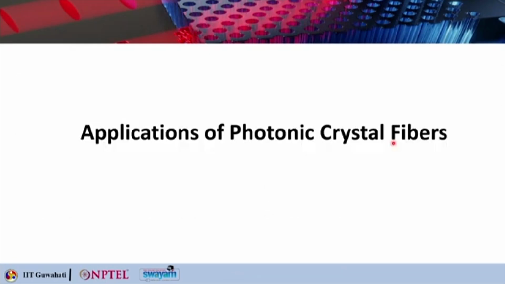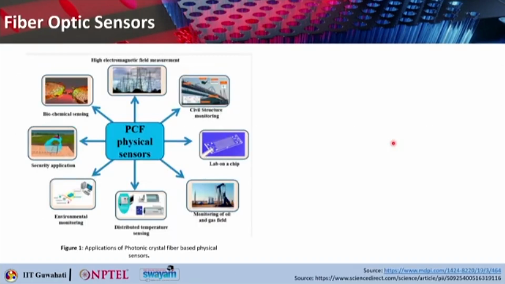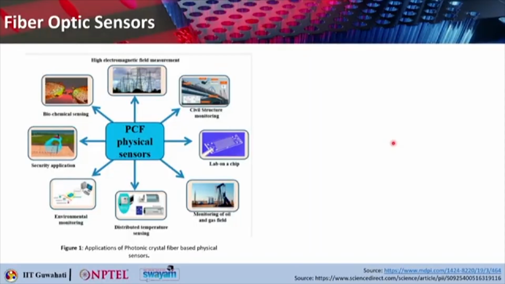Now, what are the applications of photonic crystal fibers? Photonic crystal fiber based sensors are very advantageous over standard optical fiber sensors in many aspects. They not only have great design flexibility, but because of the holey internal structure that can be filled with analyte, a controlled interaction can take place between the propagating light and the analyte sample.